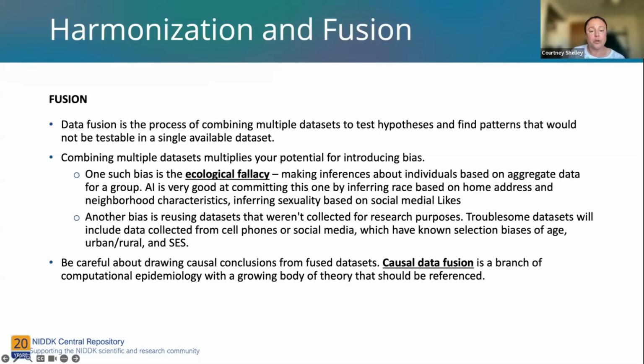Also be careful about drawing causal conclusions from fused data. Just to let you know, causal data fusion is a branch of computational epidemiology with a growing body of theory. So you can draw causal conclusions from data fusion efforts, but you need to understand how the data was collected, who the data is studying, and whether or not your combined data sets can answer that question.